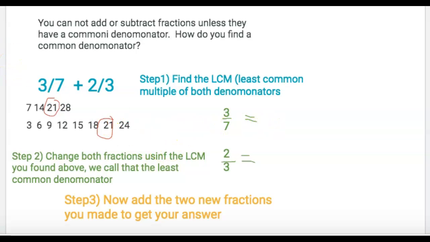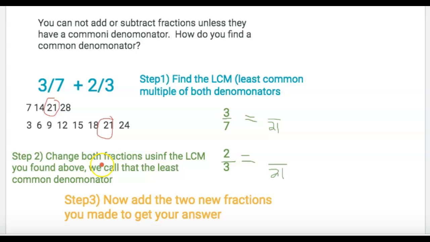So what I'm going to have to do is change both of my fractions so that they have a denominator of 21. This one is going to change so that it has a denominator of 21, and this one is going to change so that it has a denominator of 21. Now remember, there's a rule.